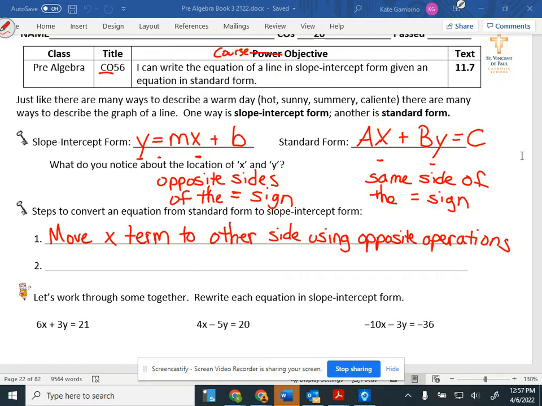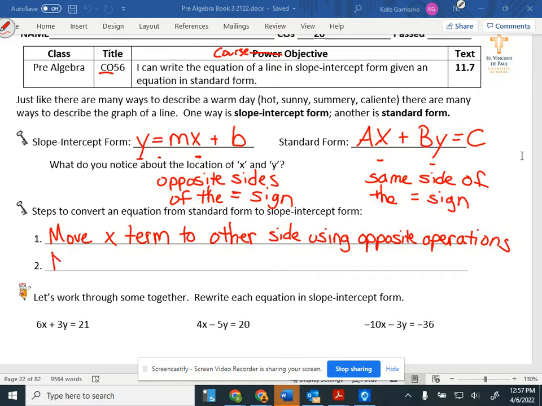If we want y by itself. Colin? You need to divide out the coefficient. Yeah, so we're going to divide out that coefficient.